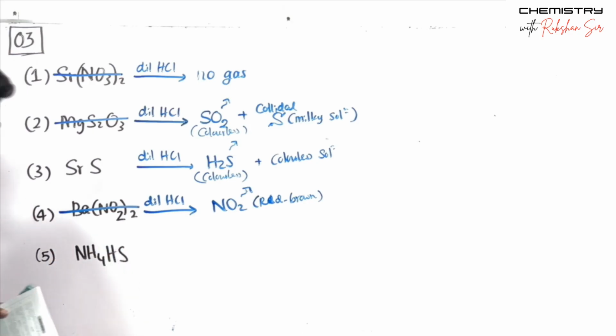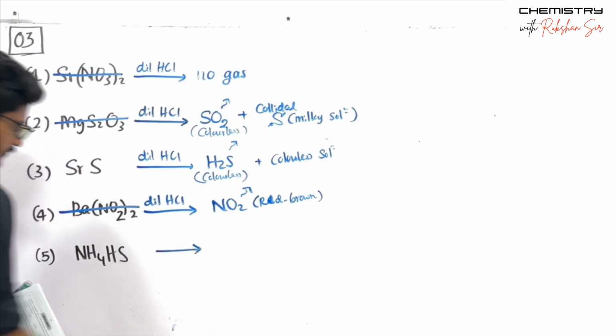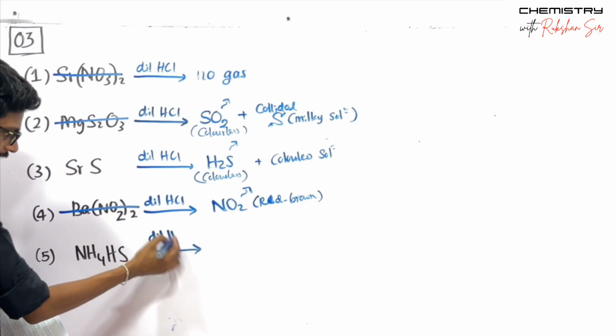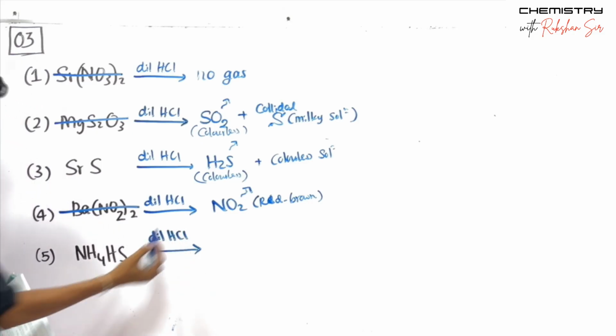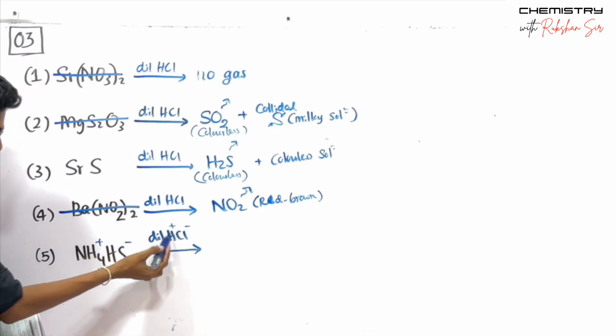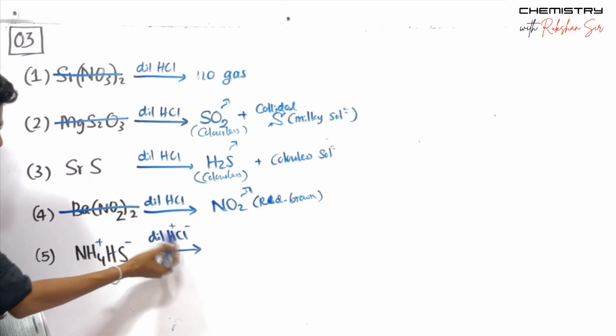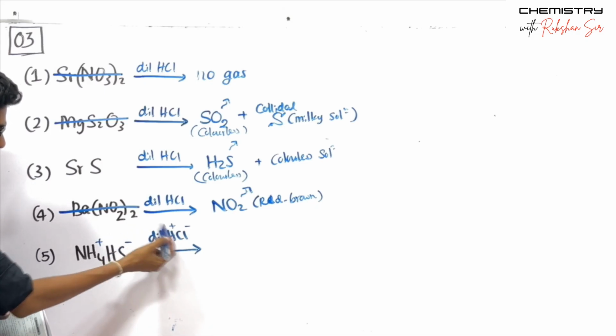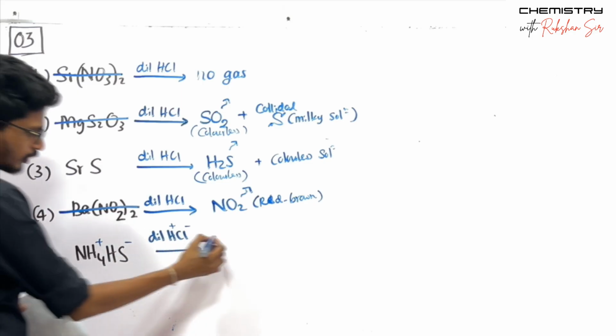With this one, dil. HCl provides H plus to HS minus, just like S2 minus reacting with H plus, giving you H2S gas. HS minus also gives you H2S gas.